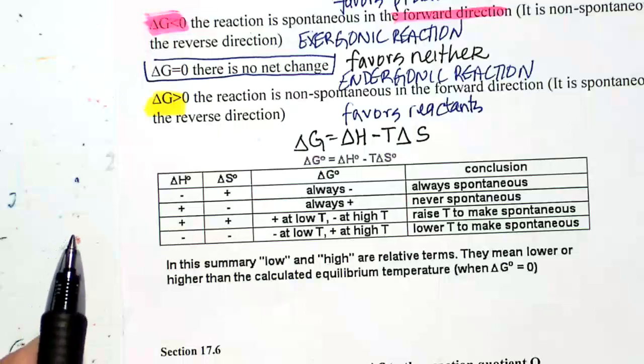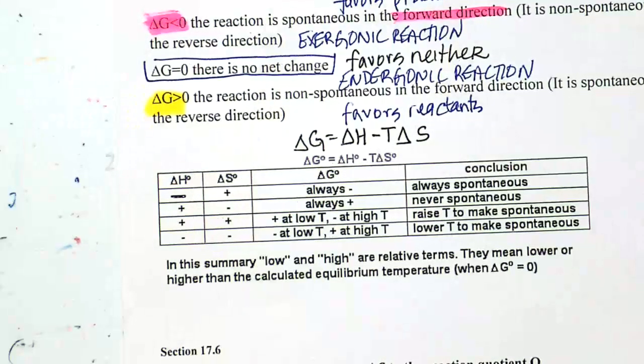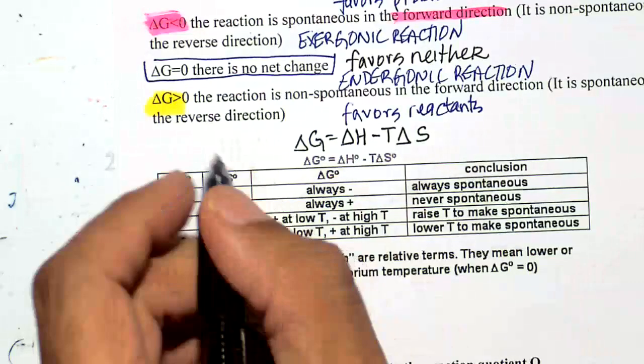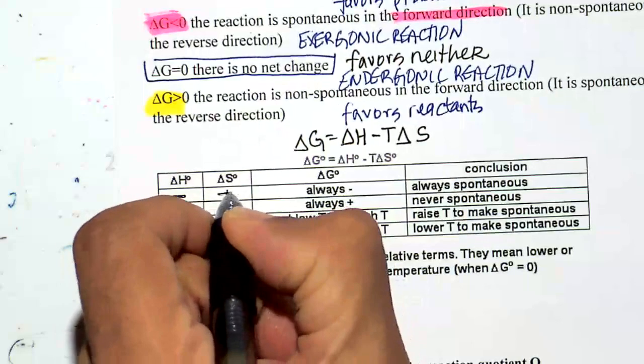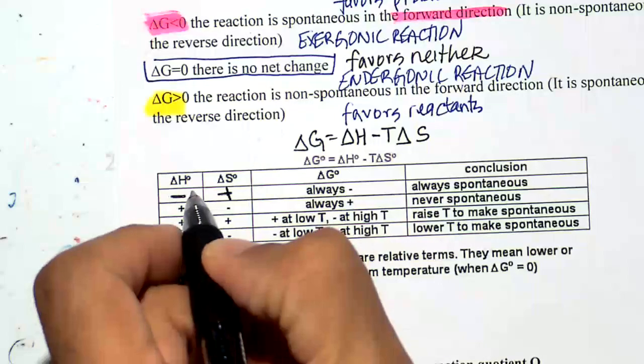If your delta H is negative, what type of reaction is that? It's an exothermic reaction, so it's going to release heat. It's going to release energy. If your delta S is positive, is that spontaneous or non-spontaneous? Spontaneous, okay, that's an increase of entropy.